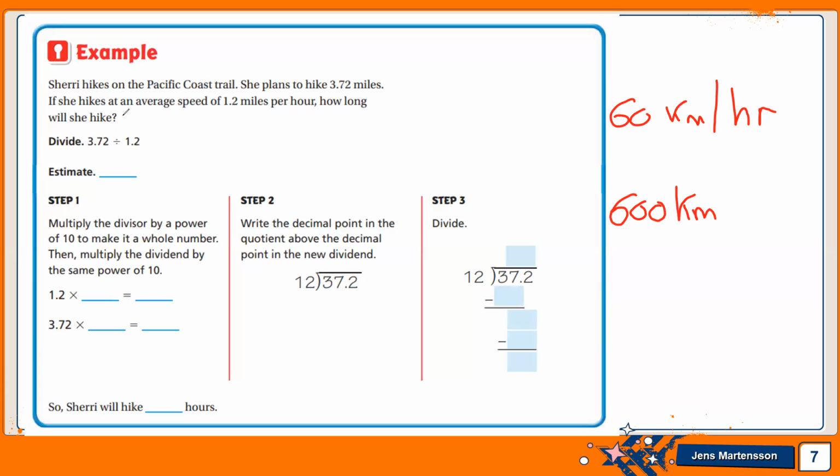Now, how many hours did you take in order to reach the destination? What do you have to do? Your dad is driving his car. In each 1 hour, he will drive 60 kilometers. And 600 kilometers, how many hours will he take?